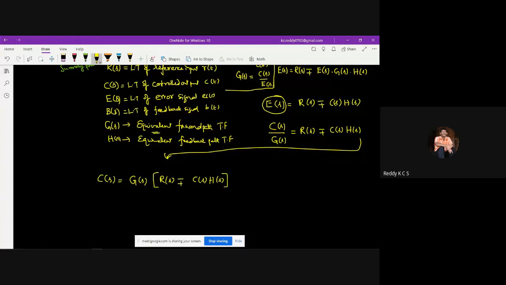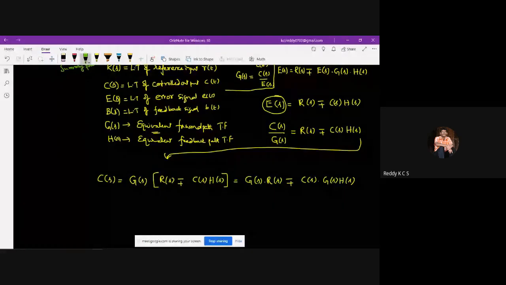Once again, I can multiply this R of s into G of s to this side, and I'll get C of s into H of s. So G of s into R of s minus R plus C of s into G of s into H of s. I have two C of s terms, one on the left side and one on the right side.